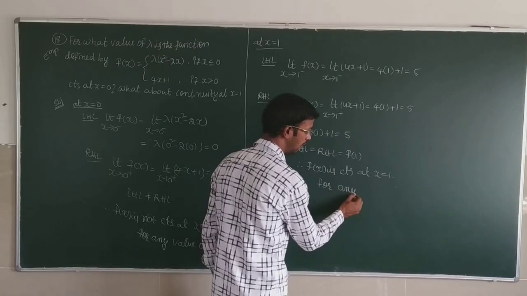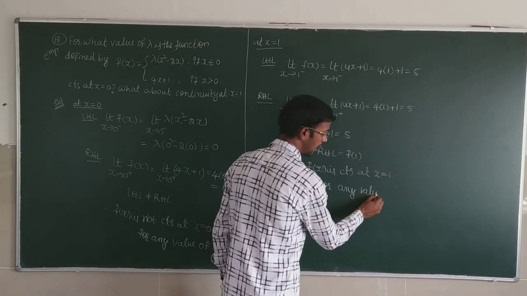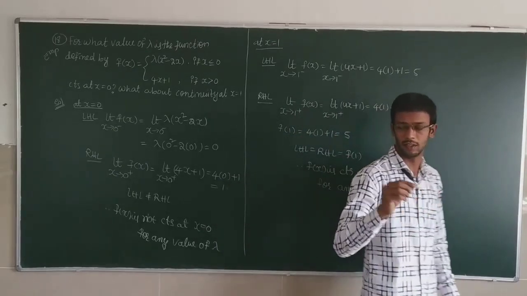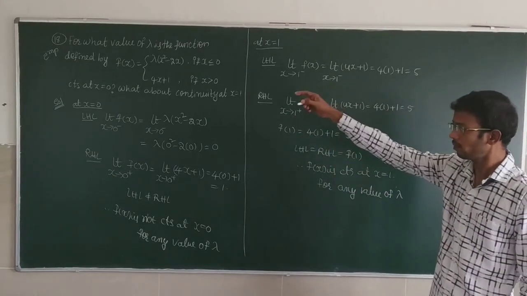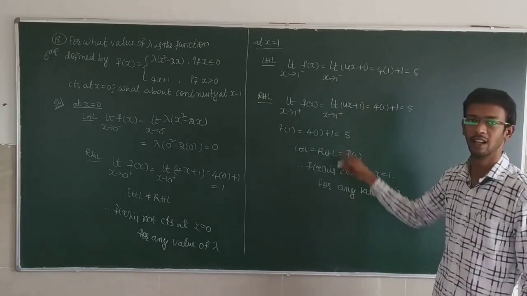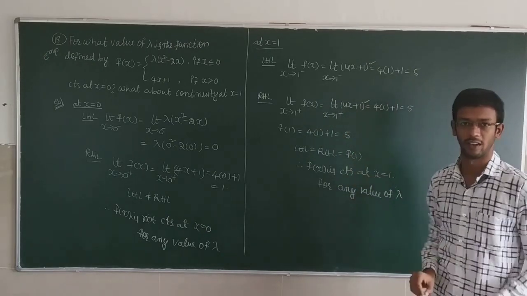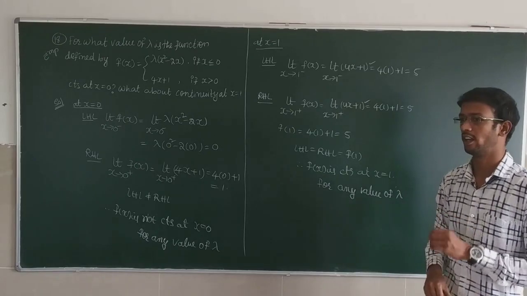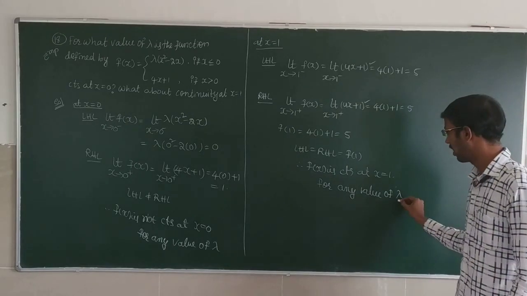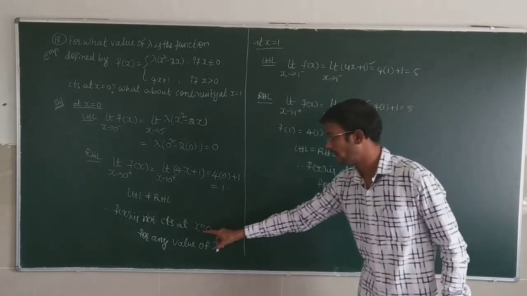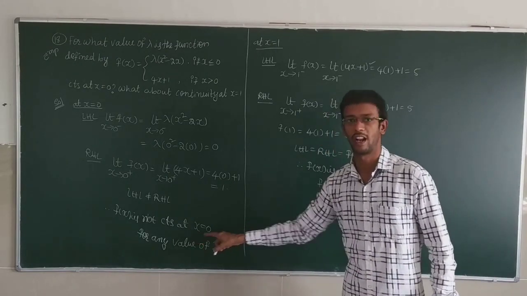If you change the lambda, there is no change in LHL and RHL. Why? Because here it is 4x plus 1, there is no lambda value. So that is why it is continuous for every lambda at x is equal to 1. But it is not continuous at x is equal to 0 for any value of lambda.